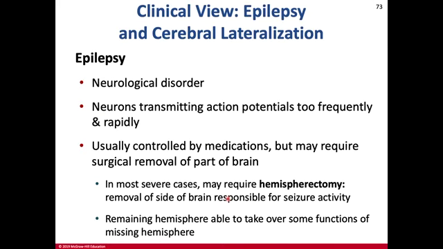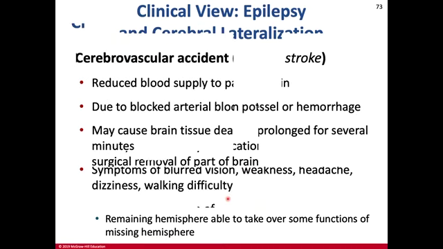In severe cases, we might have to do a hemispherectomy, which is the removal of a side of the brain responsible for the seizure activity, while leaving the corresponding region in the other hemisphere intact, okay? And so the remaining hemisphere takes over the function of the missing hemisphere. And again, why does this happen? We don't really know, okay?